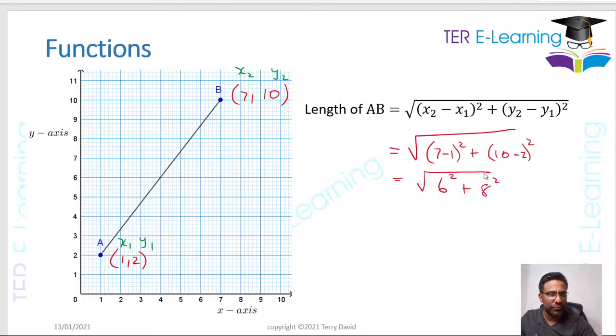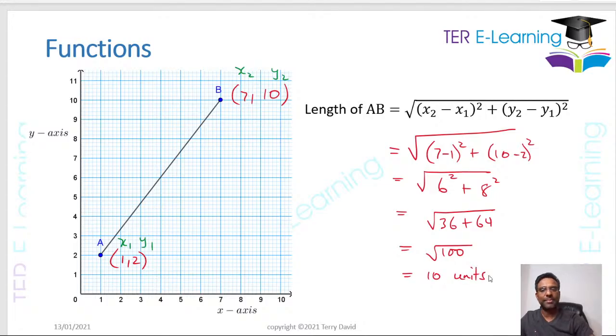So this is going to give me 6 squared, 36, plus 8 squared, 64, and you find the square root. 36 plus 64 is 100. You find the square root, and that'll be 10. And please write units in your answer. Don't just put 10. You're finding length, so you're going to put 10 units.